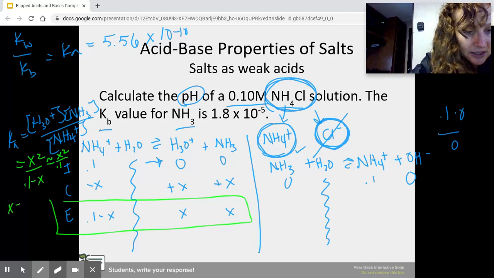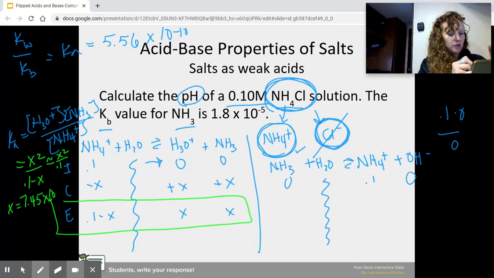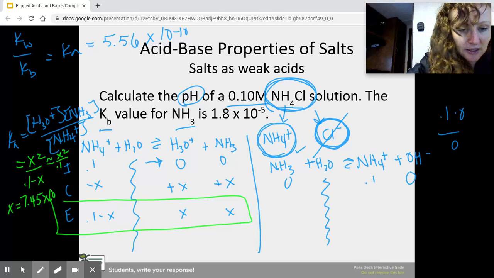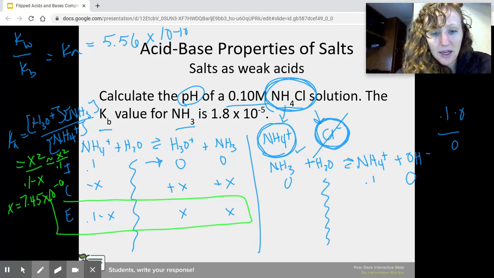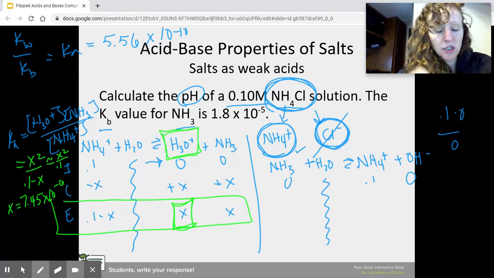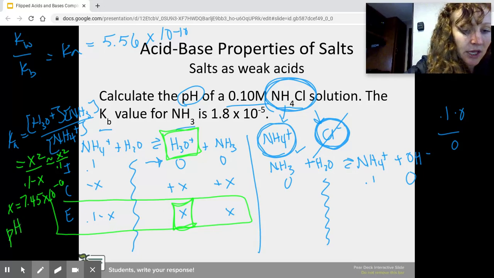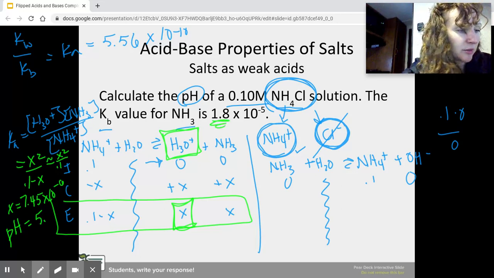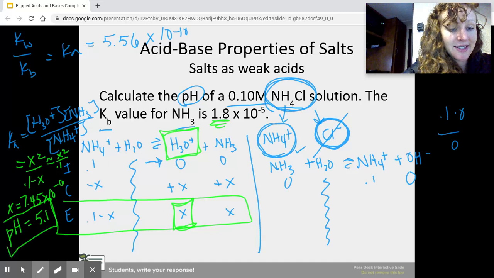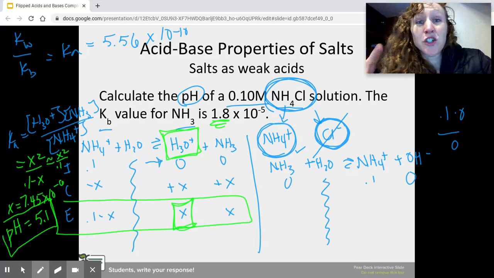So X equals 7.45 times 10 to the negative 6. That X is my hydronium concentration, so I can take the negative log of that, and that's going to give me my pH. 5 point, how many sig figs can I keep? 2, so 5.1.